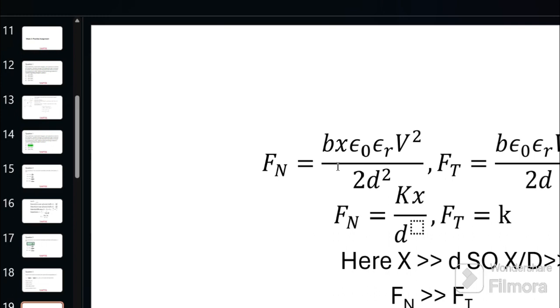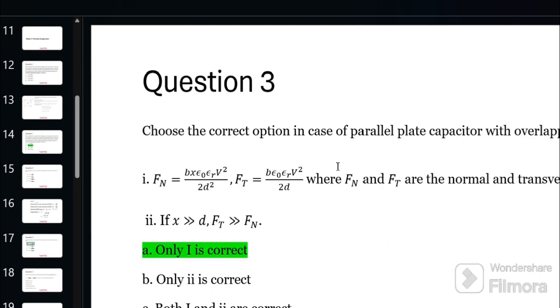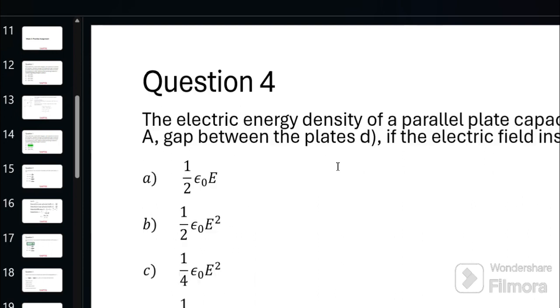You already know from the data that x is way greater than d, so x by d will be way greater than 1. So what is given in statement 2 is wrong. So only statement 1 is correct.